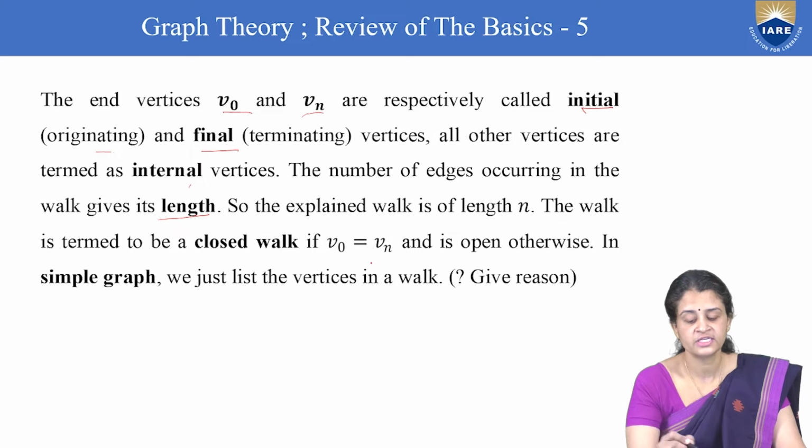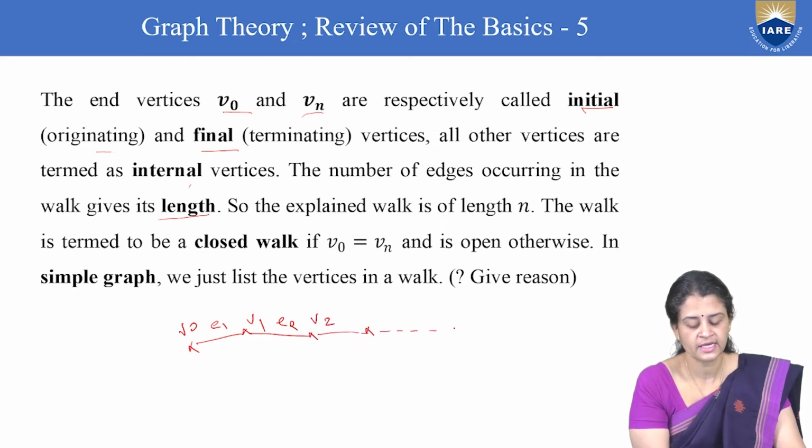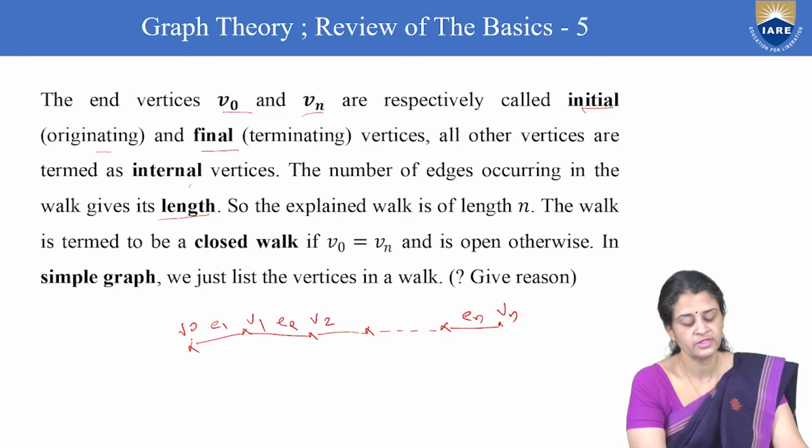That is, if we start from vertex V0, go through edge E1 to V1, then through edge E2 to V2, etc., it is a normal walk starting with V0 and ending with Vn.